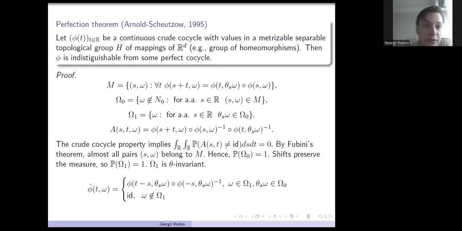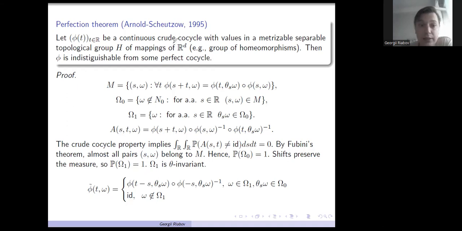So this is one of the first perfection theorems, which was proved by Arnold and Scheutzow. And the essence of the theorem is the following. Assume that we have a continuous cocycle. Note that now it is a crude cocycle.